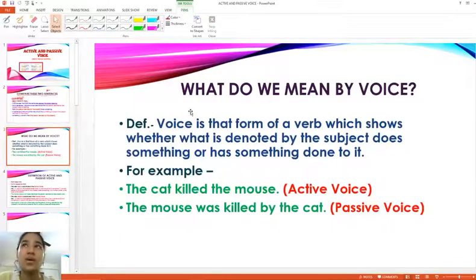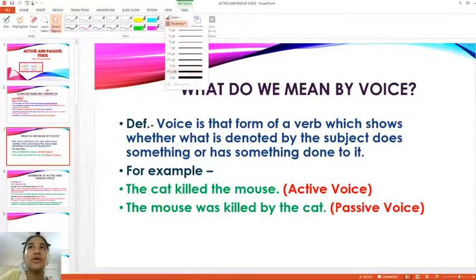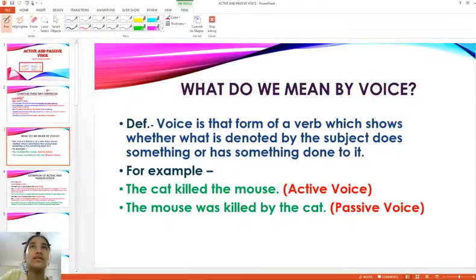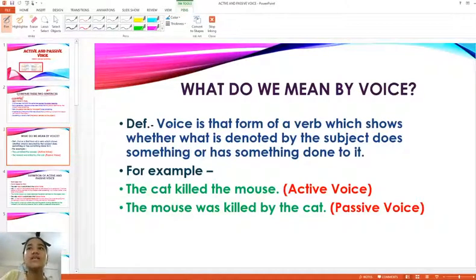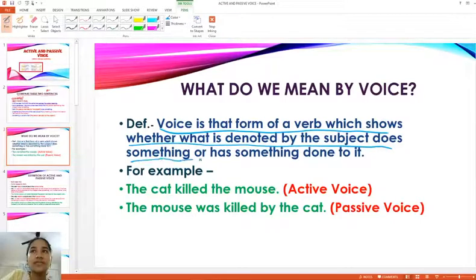So the first thing: what do we mean by voice? We are going to study the topic voice, but first of all, we must understand what we mean by voice. Voice is that form of a verb which shows whether what is denoted by the subject does something or has something done to it. Let's see an example.